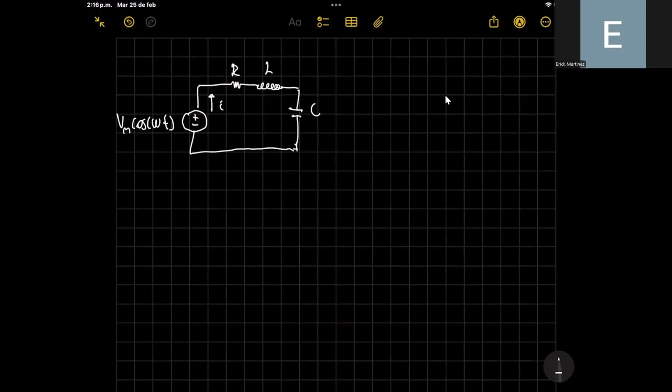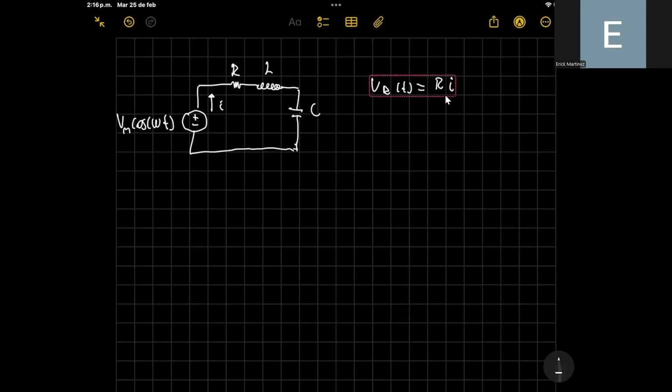Do you remember that in the previous class we computed the voltage of the resistor? Remember that the voltage of the resistor is equal to the resistance times the current.